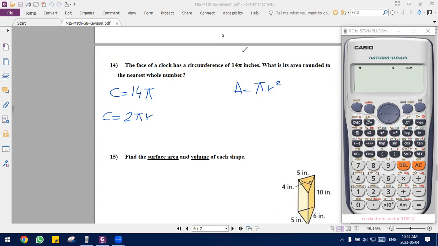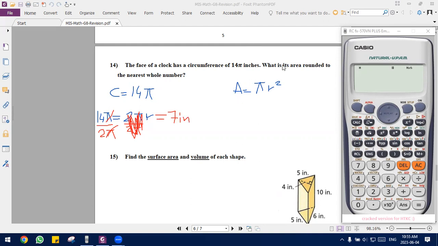What's the value of c? It's 14 pi. So I substitute c by 14 pi. Now how to make r the subject to find its value? We divide by 2 pi, and here I also divide by 2 pi. So from here it's cancelled, and now I have only r. Now 14 pi over 2 pi. We cancel pi and pi, so you have 14 divided by 2. R is equal to 7 inches.